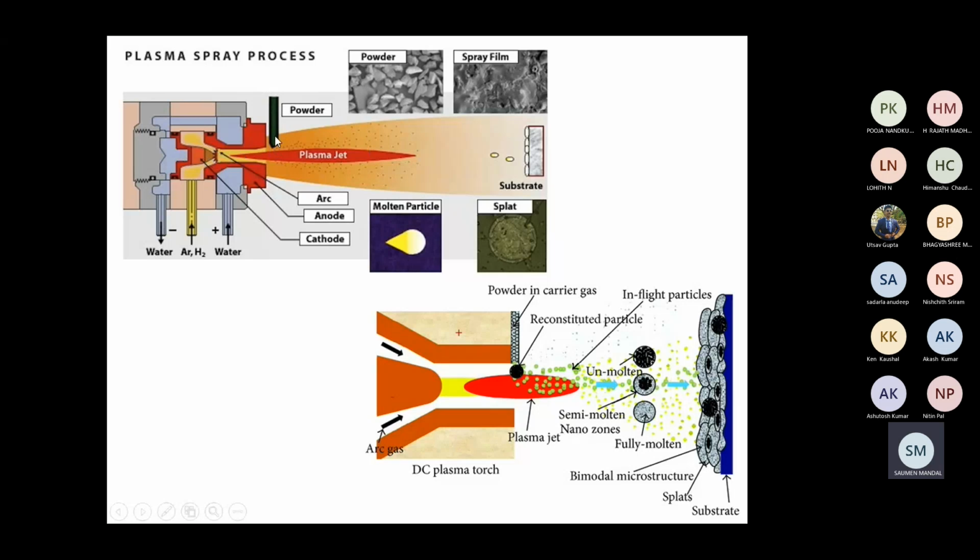When the powder comes into the plasma range, it immediately melts, or maybe partially melts, and is transferred to the substrate. When the molten or partially molten material sticks there, it is kind of like welding, or it will join and make a strong bond on the surface.